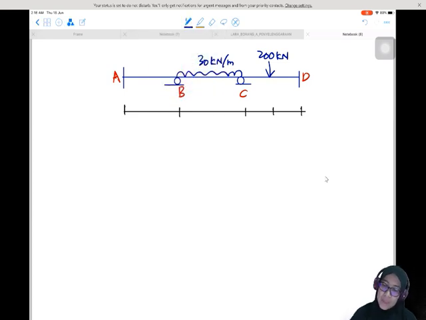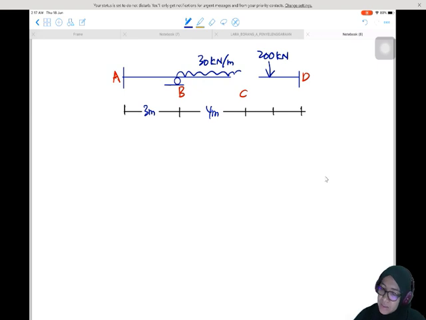The length for AB is 3 meter. The length for BC is 4 meter, and for CD, the point load is located at the center of the beam.